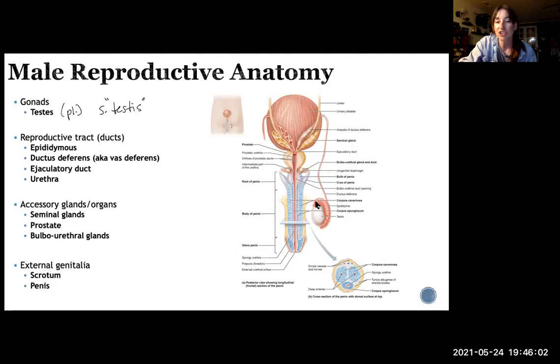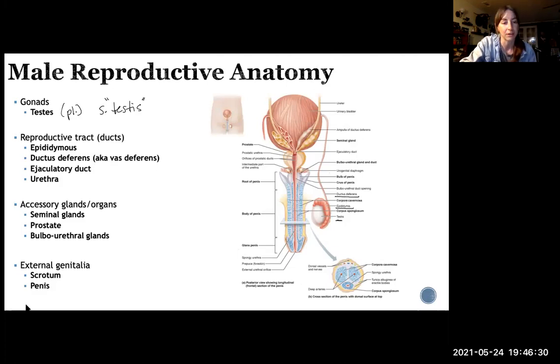These structures specifically are called the testis proper. Then you've got this part that wraps around the testis, which is called the epididymis. From there, sperm travels up this tube right here, which is called the ductus or the vas deferens.